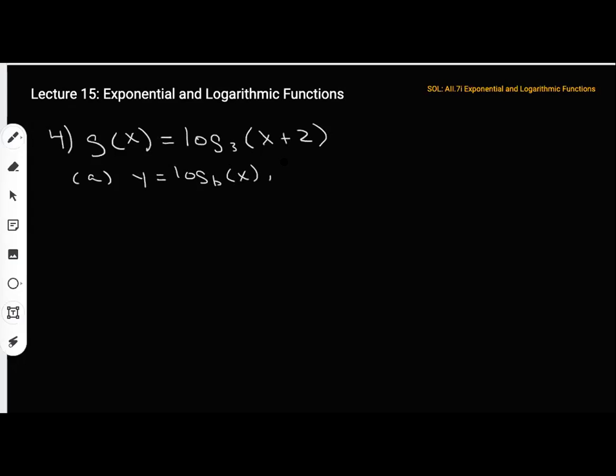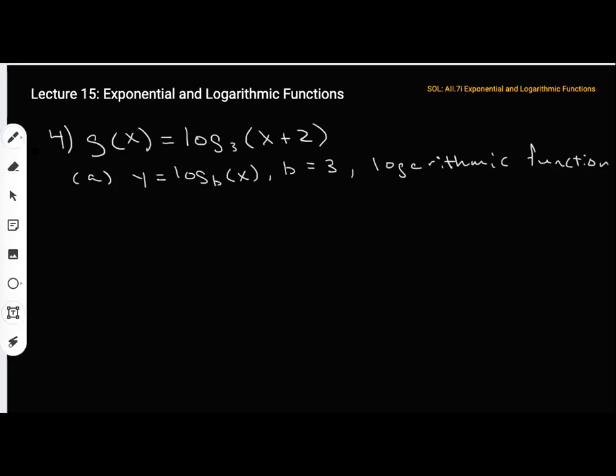But this one has a base of 3, so we say b is equal to 3. We know it's a logarithmic function. I mean, it has the word log in it, so that's pretty obvious. So that's the parent function.